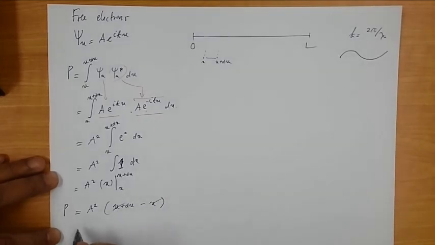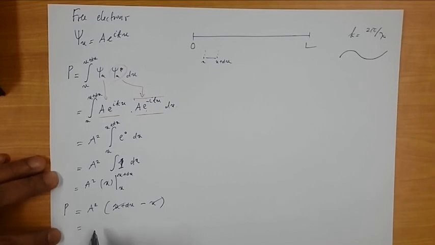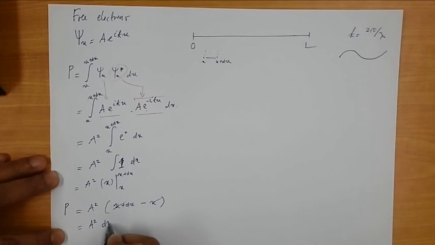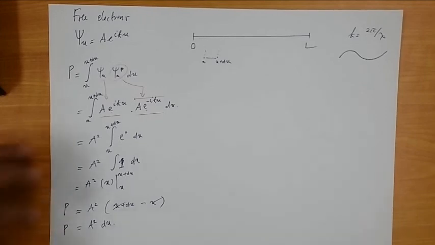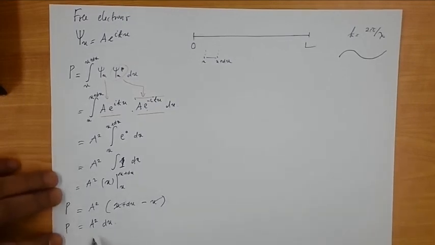So this cancels out, and the probability of finding the electron between x and x plus dx is simply A squared times dx. This means that it is independent of the wave function's position dependence; the only description is dx here.